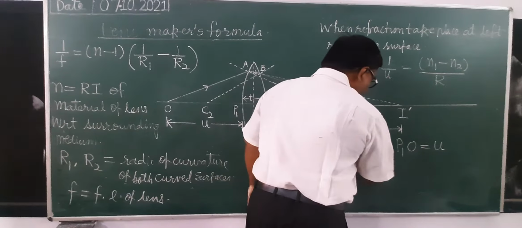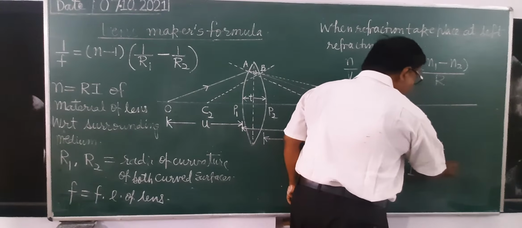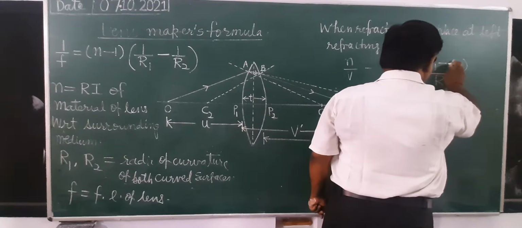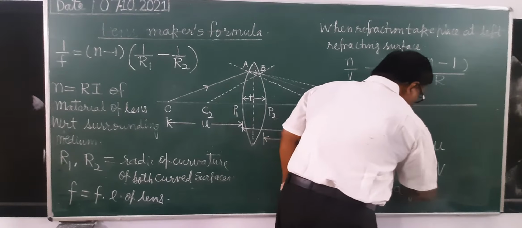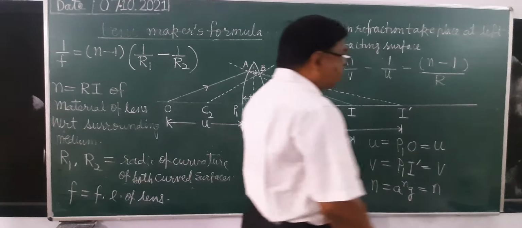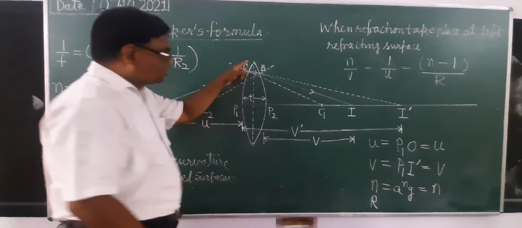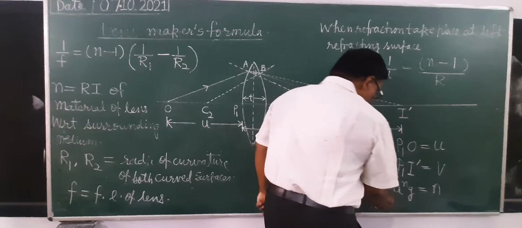For the left refracting surface, v will be equal to P1I dash. This is n minus 1. What is n here? n is the refractive index of the lens. And what is R here? R is the radius of curvature of the left refracting surface, that is P1C1, and P1C1 is equal to R1.